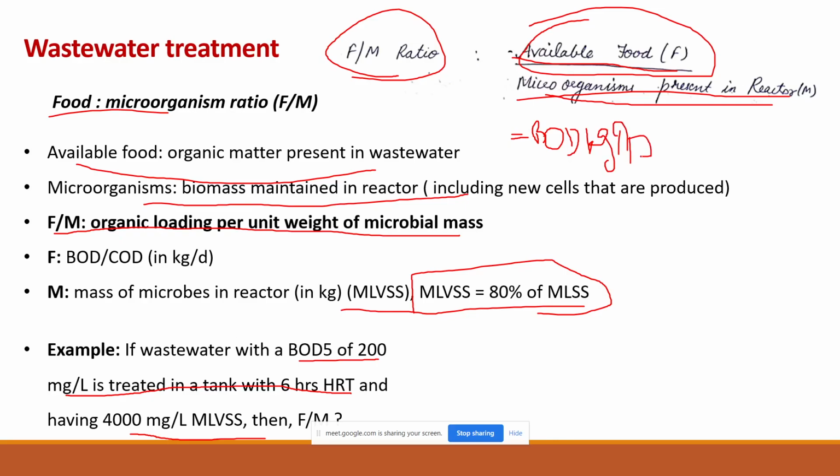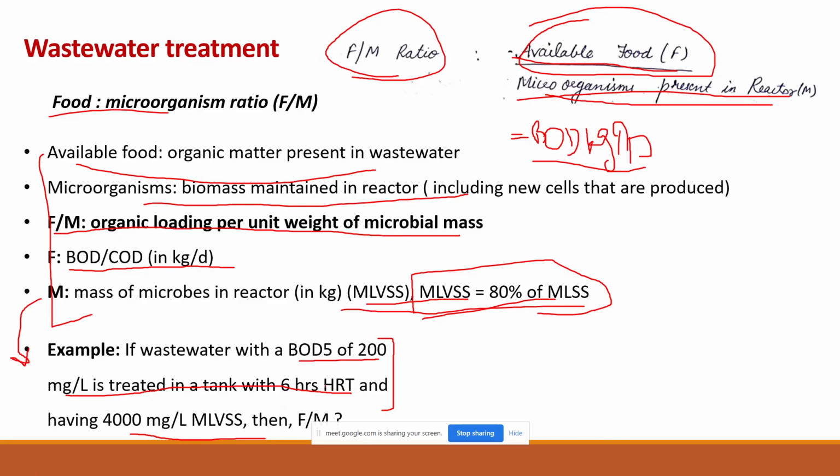So kg per day divided by the microorganisms present, which is MLVSS or MLSS in kg. So it is written here that food will be BOD or COD in kg per day. Microbes is MLVSS or MLSS in kg. So just simply try to understand the above 4 lines and apply the concept in this formula. So it is very straightforward.